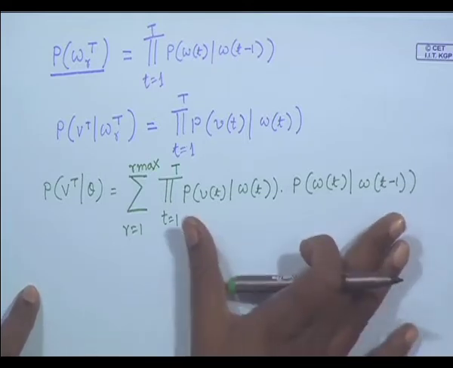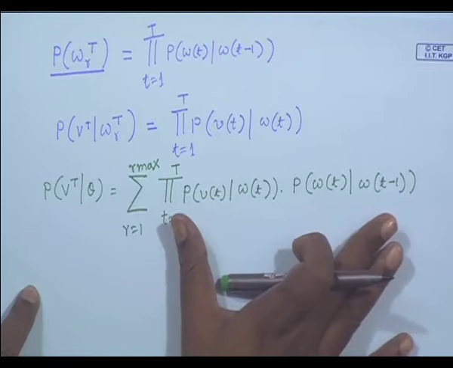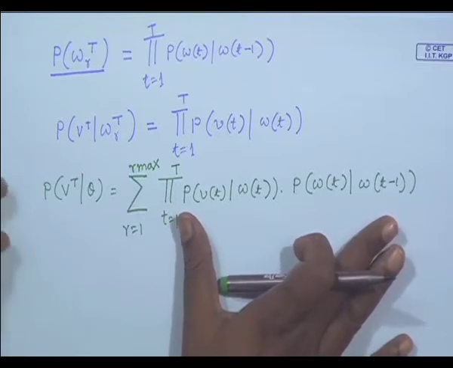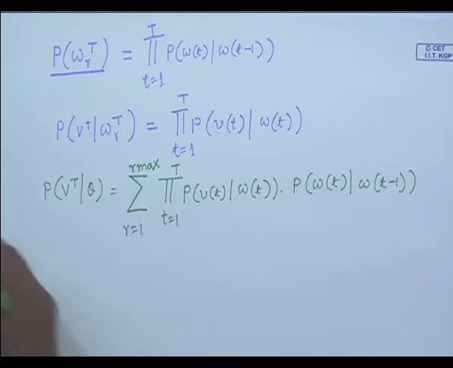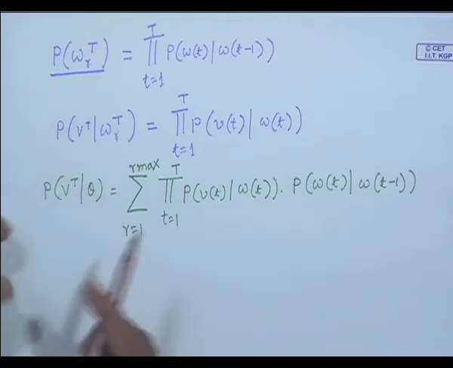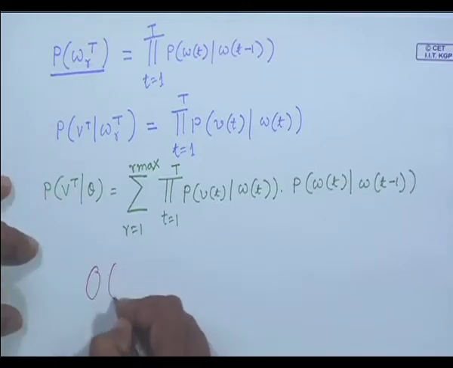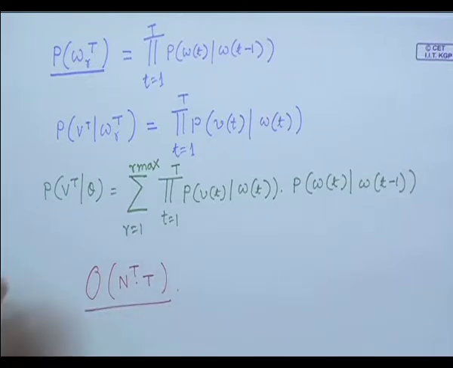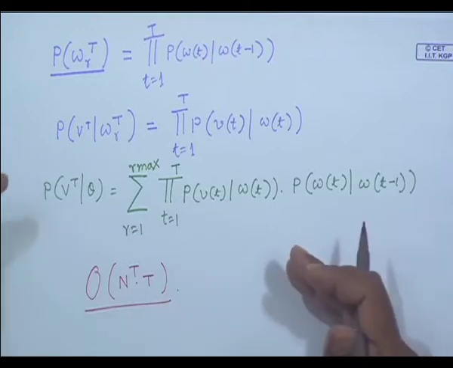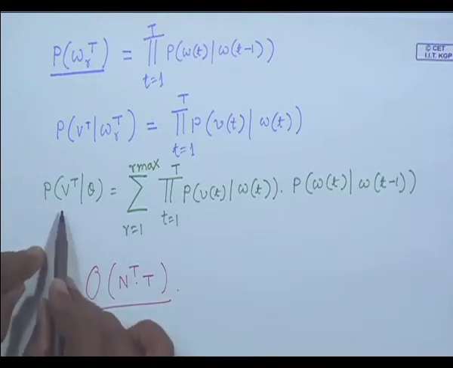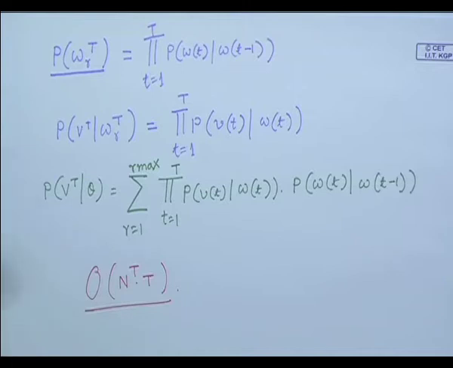Now, if I look at the complexity of this particular expression, it will be of the order of n to the power t times t, which is huge. So, I have to have a very large number of computations to find out this P V t given theta.